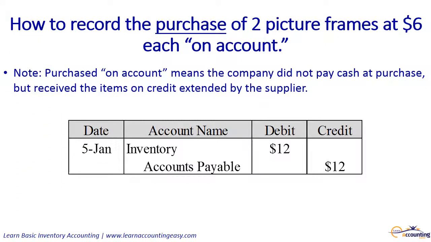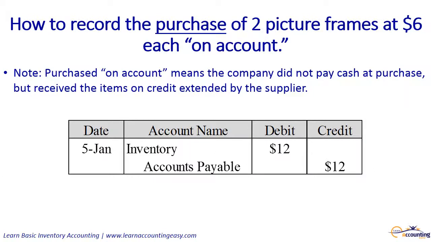We also need to know how to record the purchase of the picture frames on account. And as the note here says, purchased on account means that the company did not pay cash at purchase, but received the items on credit extended by the supplier. So this does not mean that we paid with a credit card at all.